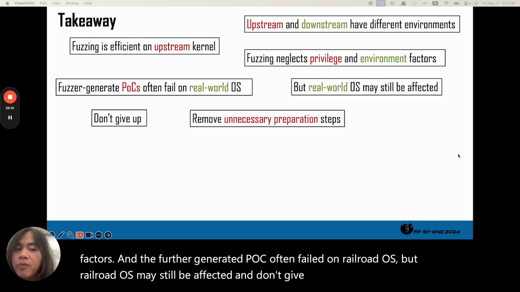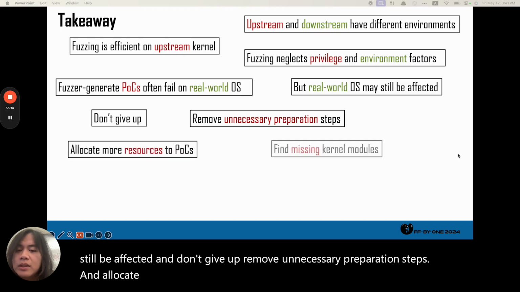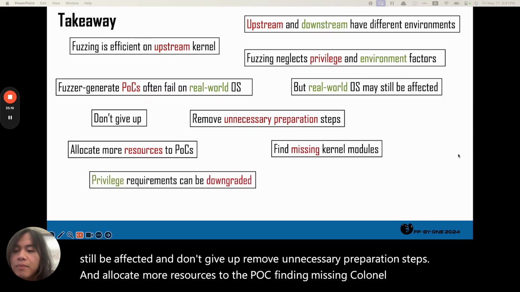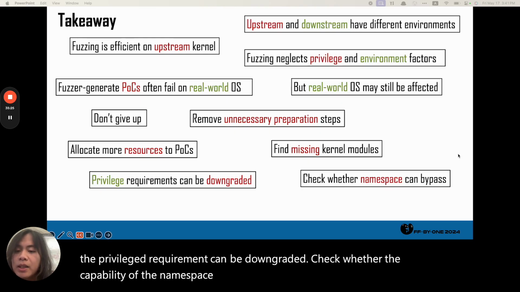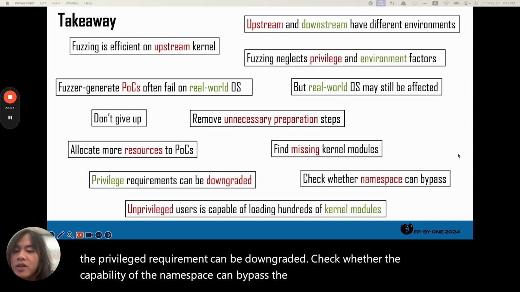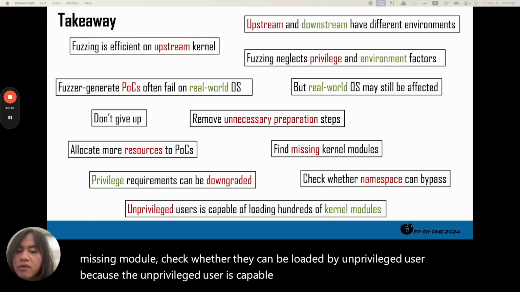Remove unnecessary preparation steps and allocate more resources to the POC. Find the missing kernel module, and the privilege requirement can be downgraded. Check whether a namespace can bypass the capability. And if there's any missing module, check whether it can be loaded by an unprivileged user, because an unprivileged user is capable of loading hundreds of kernel modules.